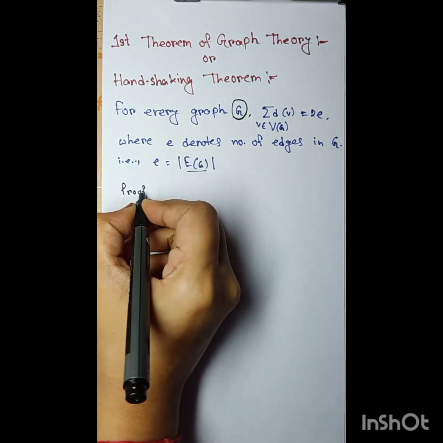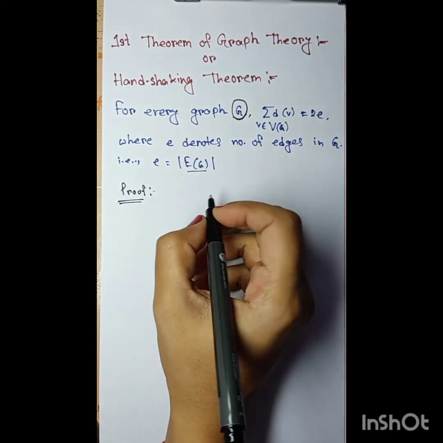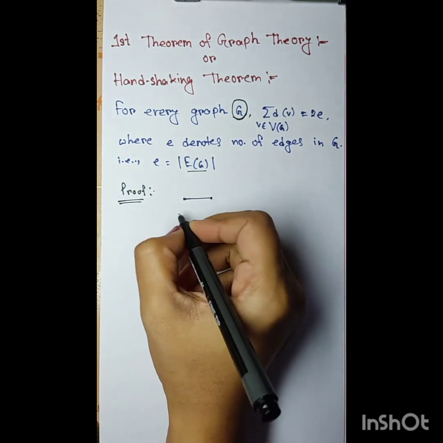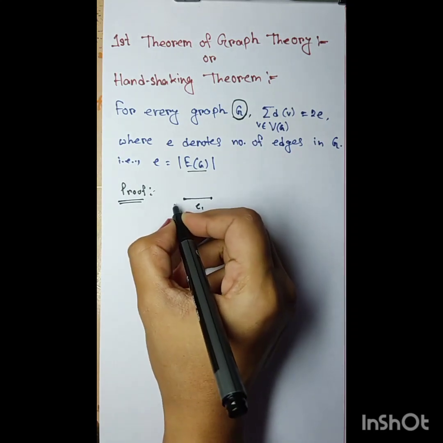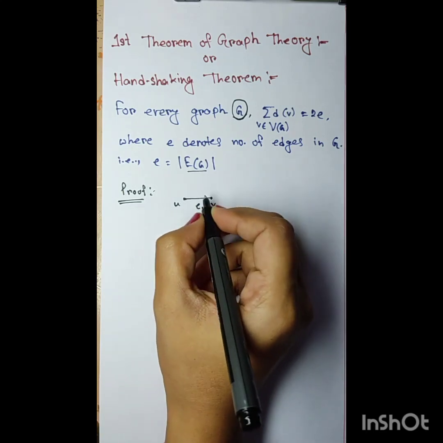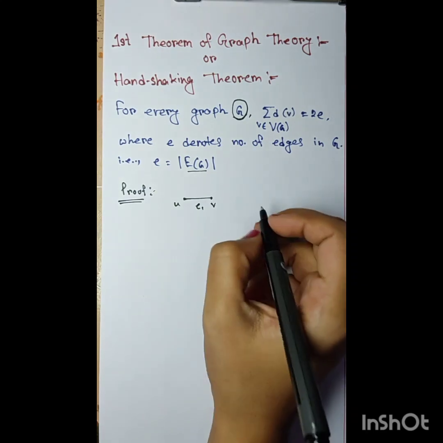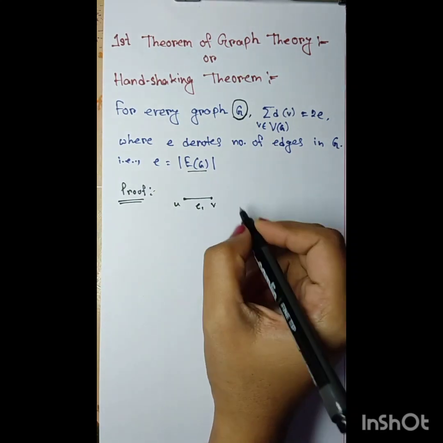The proof goes like this: if we take any edge of this graph G, let's say this edge is UV, we can observe that each edge of G contributes degree 2 to the total degree of the graph.